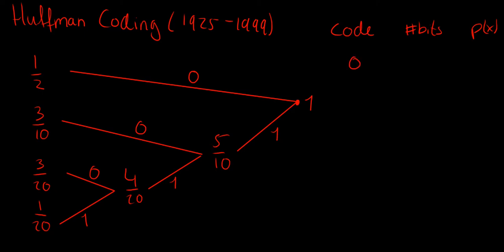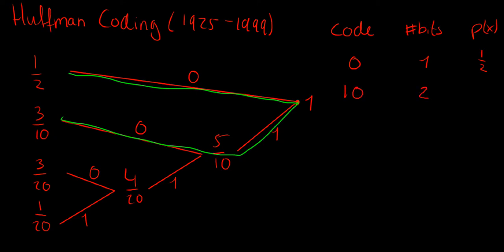How many bits does it have? 1. How do we know it's just 0? Well, we start from this point and we go to 1/2, and we see we're just passing by 0. So this is the probability of 1/2, just a 0. Now we're looking at the next one. We walk down the line, we see a 1, and then we see a 0. So we get 1, 0, which has 2 bits, with a probability of 3/10.